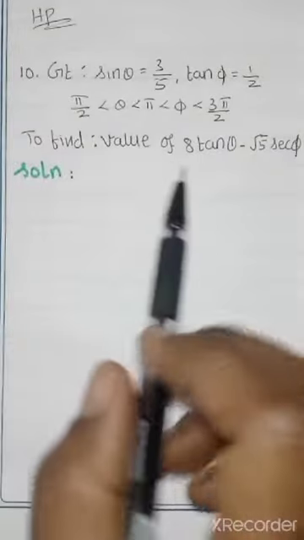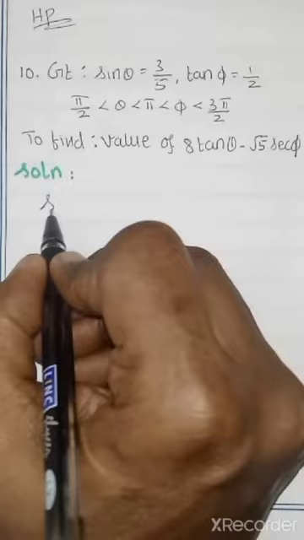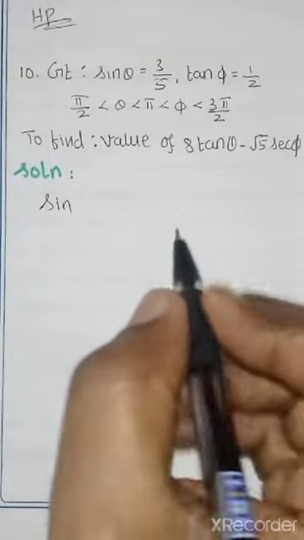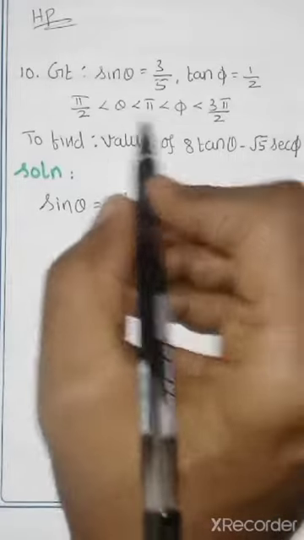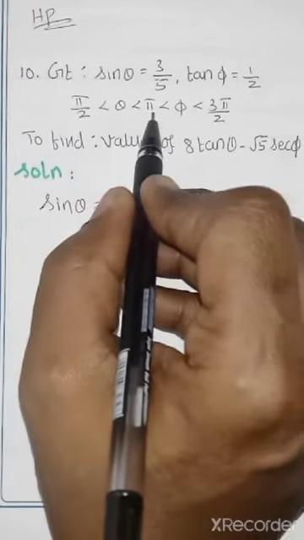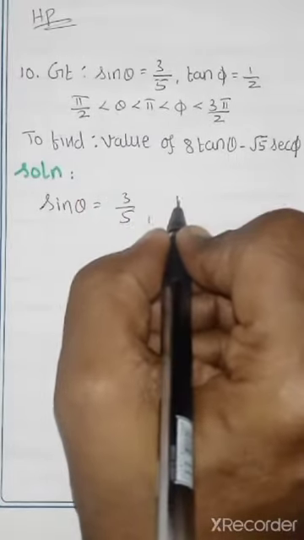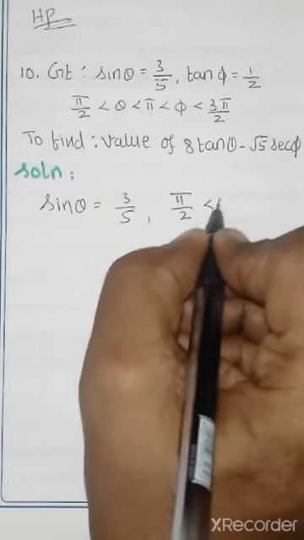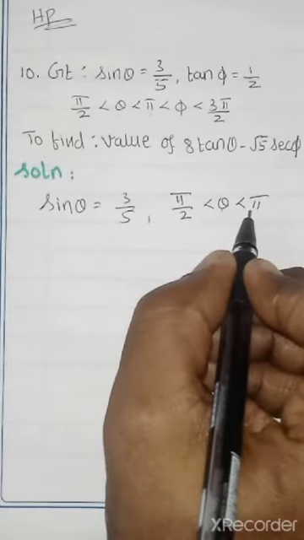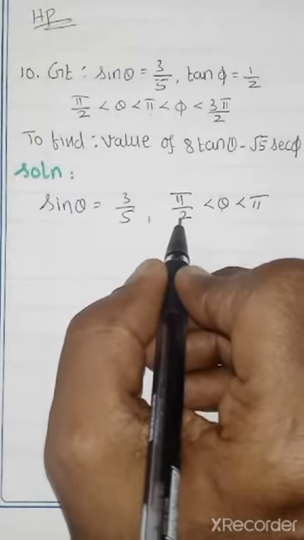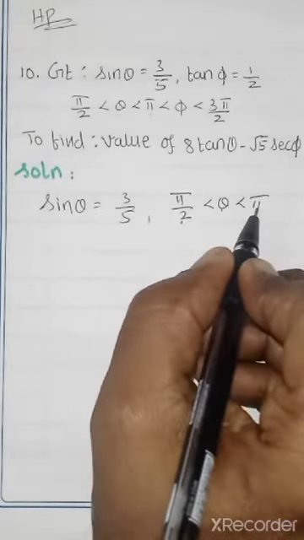What is given here? sin θ is equal to 3 by 5, and θ lies between π by 2 and π. So, π by 2 less than θ less than π. π by 2 is 90, π is 180.